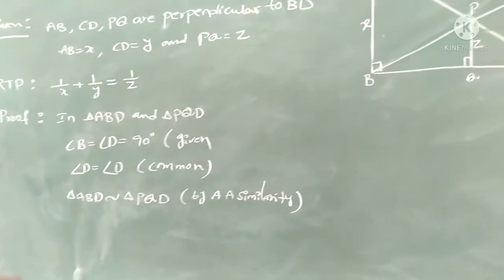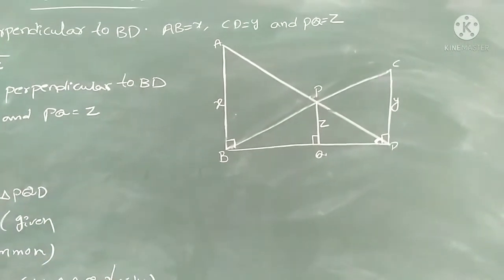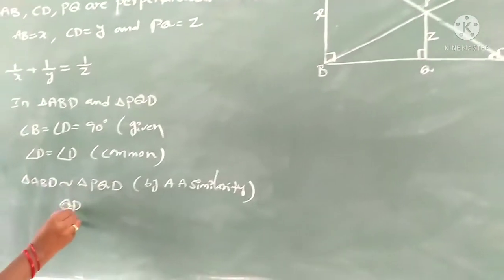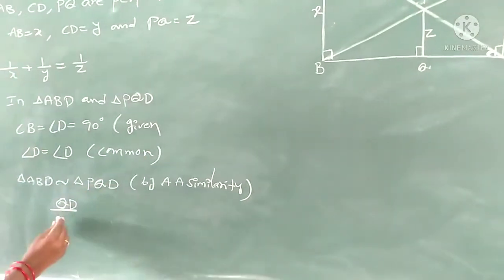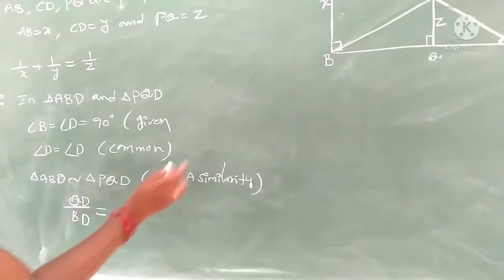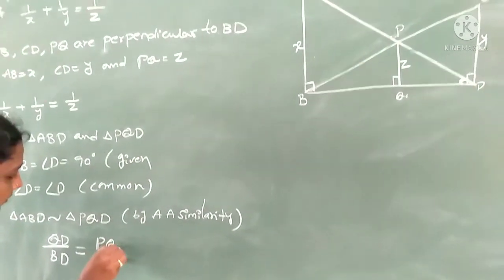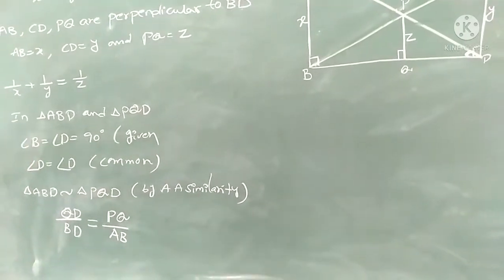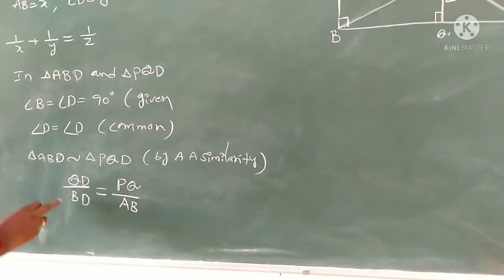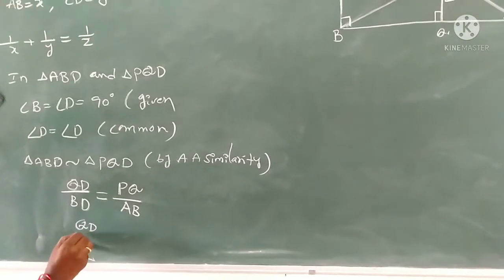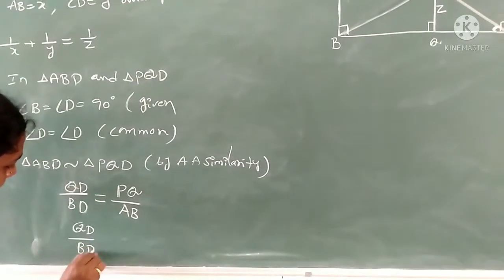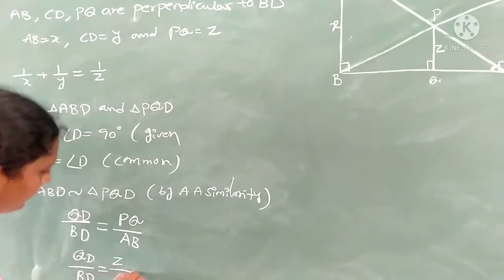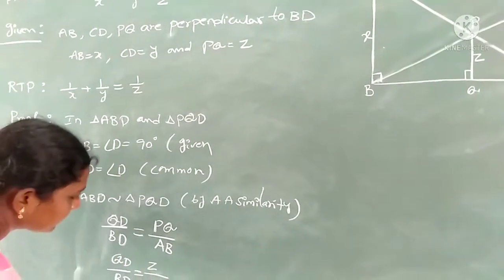So first we write QD by BD equals PQ by AB, that is QD by BD equals PQ value z by AB value x.